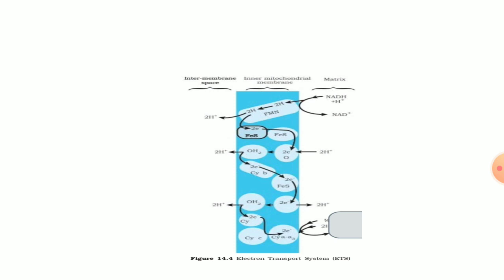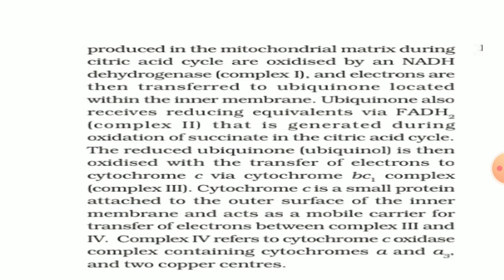It is known as complex 1 and electrons are then transferred to ubiquinone located within the inner membrane. So where is the ubiquinone located? In the inner membrane. Ubiquinone also receives reducing equivalents through FADH2. It is known as complex 2. That is generated during oxidation of succinate in the citric acid cycle.